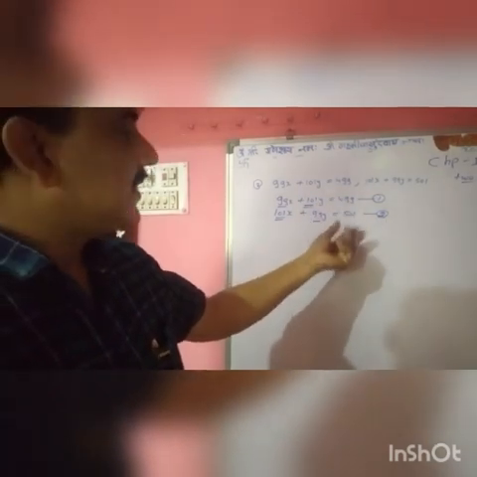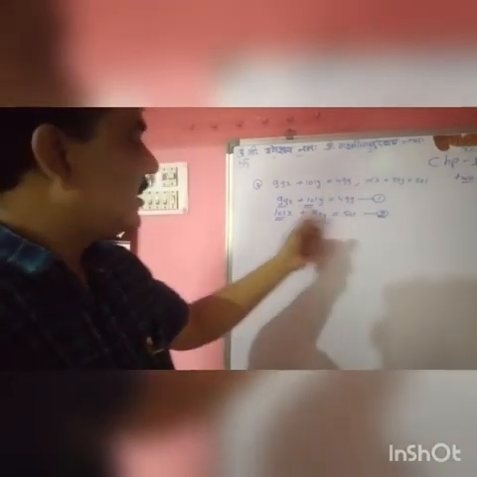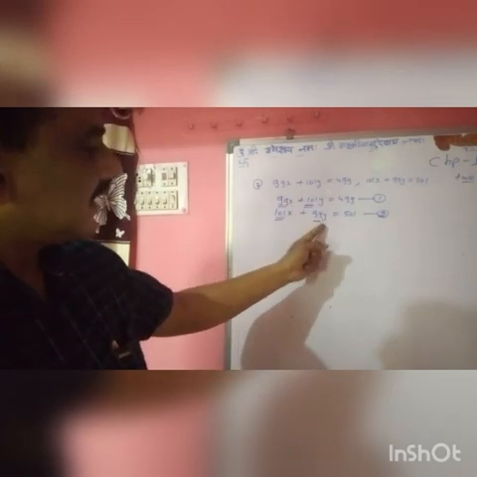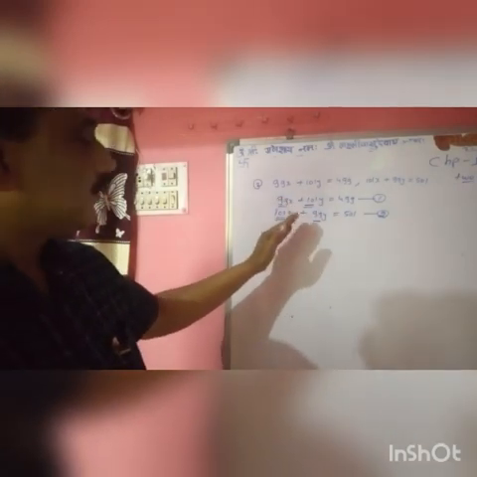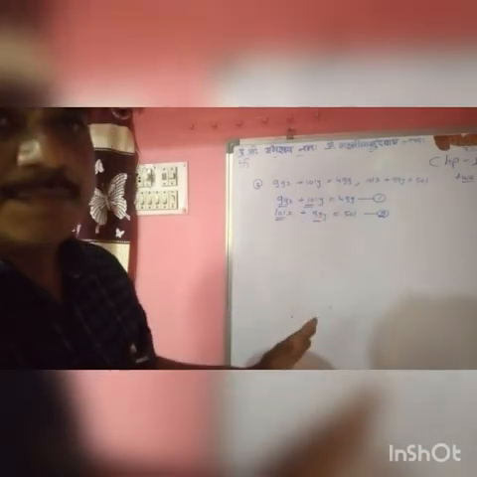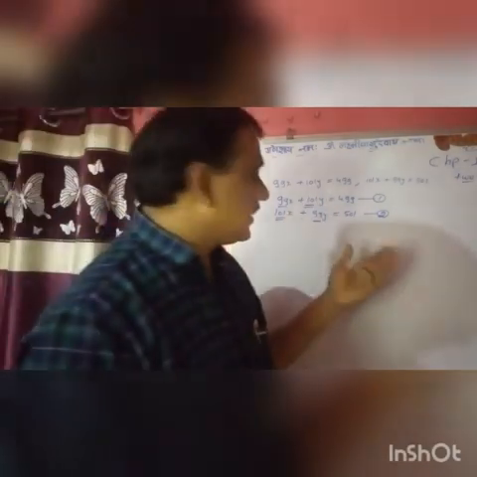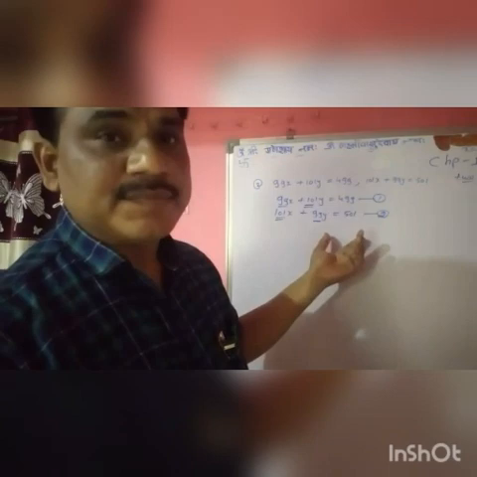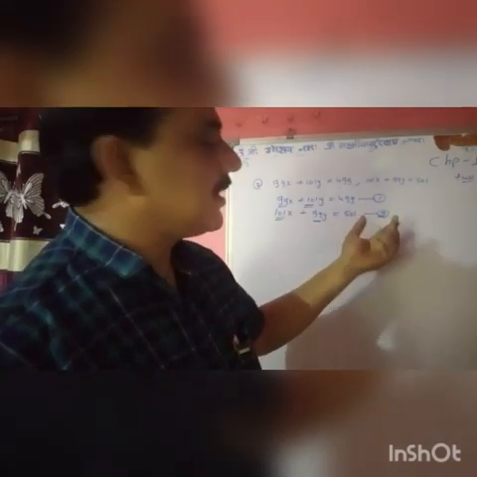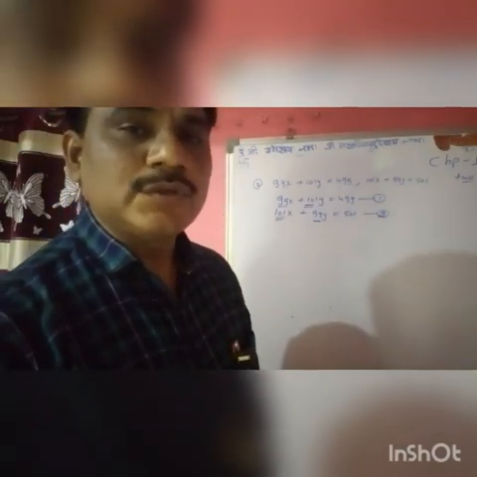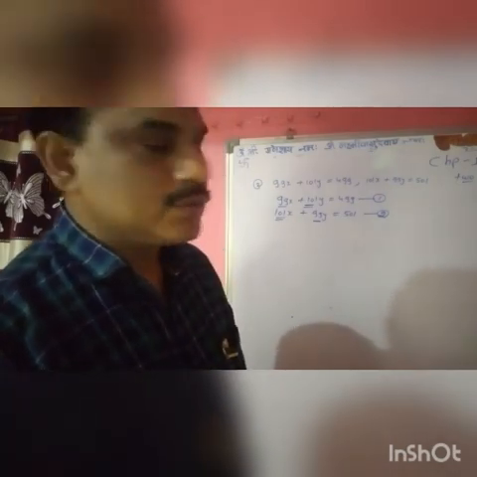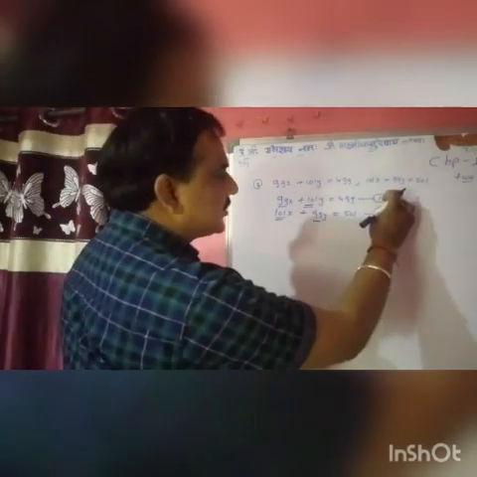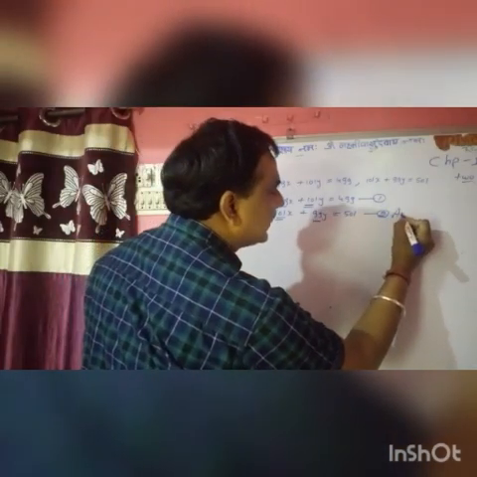When the cross numbers are the same in the simultaneous equation, what do we have to do? Add the equation and subtract the equation. How to add it? Equation 1 and equation 2, add it.